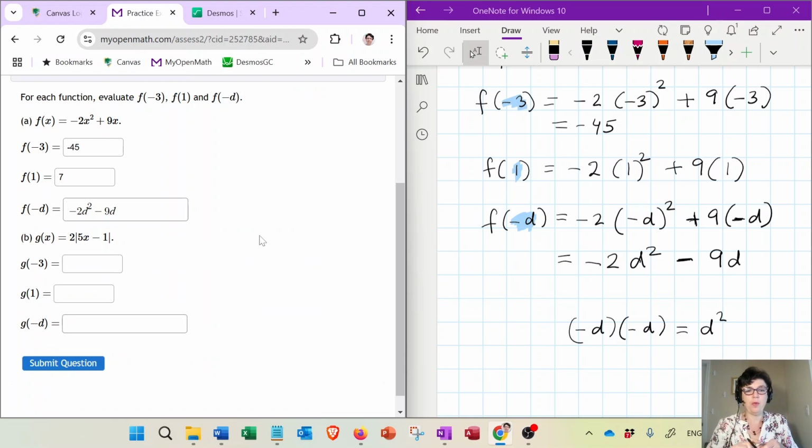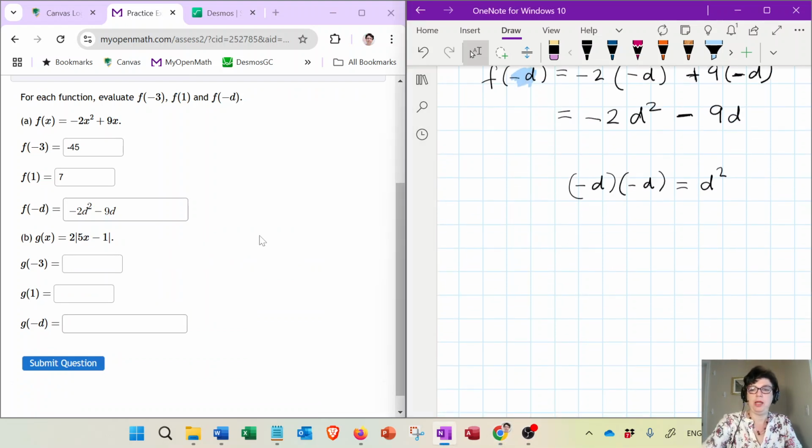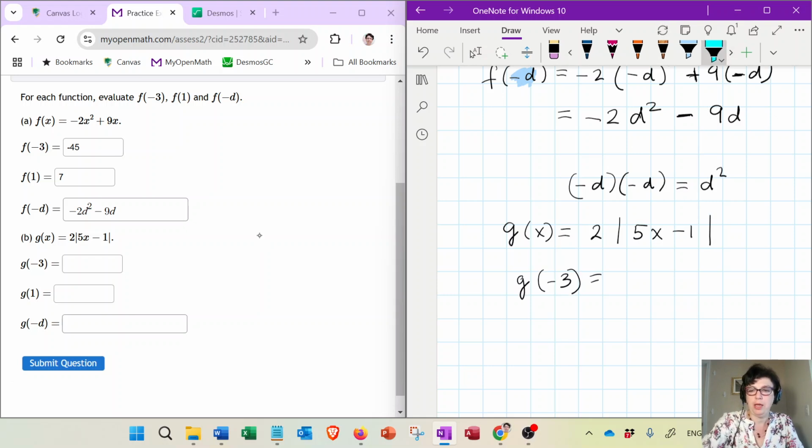All right, so now we do the second part. And here we have to be very careful and we have to know the definition of absolute value. So here we've got 2 multiplied by absolute value of 5x minus 1. First, we want to compute g of negative 3. So we are going to replace x with negative 3 right here.